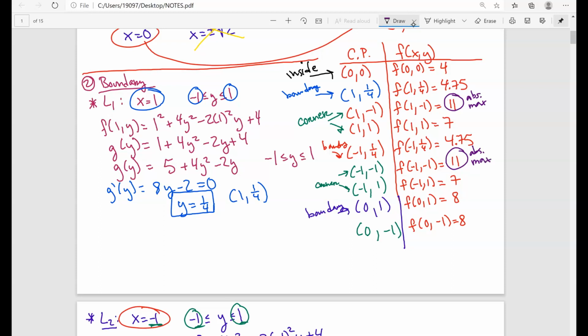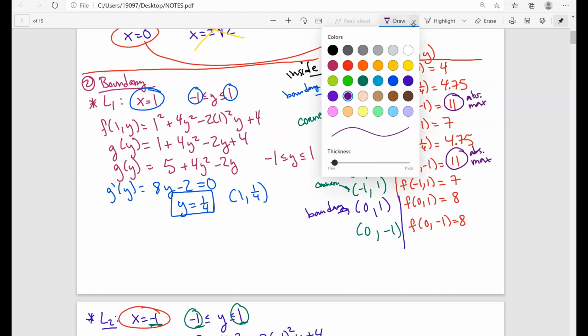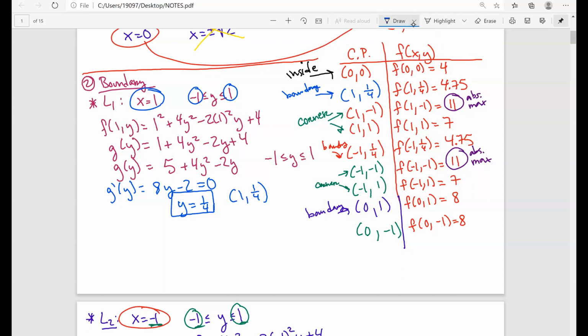And to look at my absolute minimums, well, I just got to look at the smallest number. And if you look, the smallest number in this case out of all of them is this 4. So this 4 is my absolute minimum. Okay. All right. So even though we got all these other critical points, they just happen to not be the absolute max and absolute min. Okay. So, a long and tedious problem.